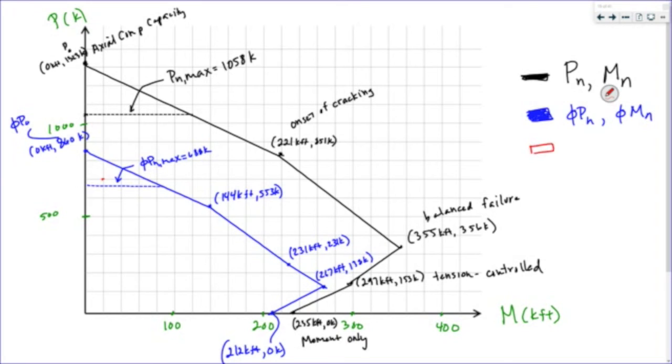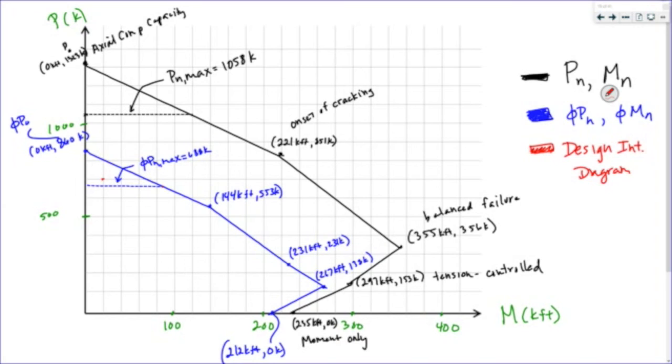So our actual design interaction diagram is going to take that into account. You can still have up to, I don't know, 85 kip feet, but no matter what, you can only have 688 kips as your axial load. If you need more than that, you're going to have to change your design.